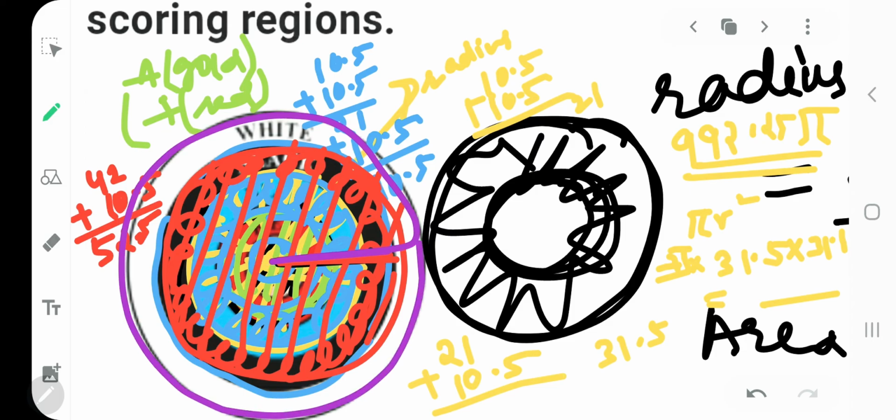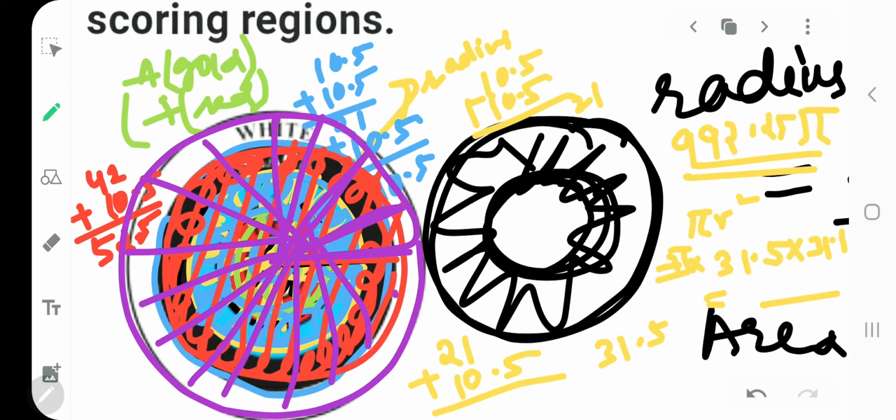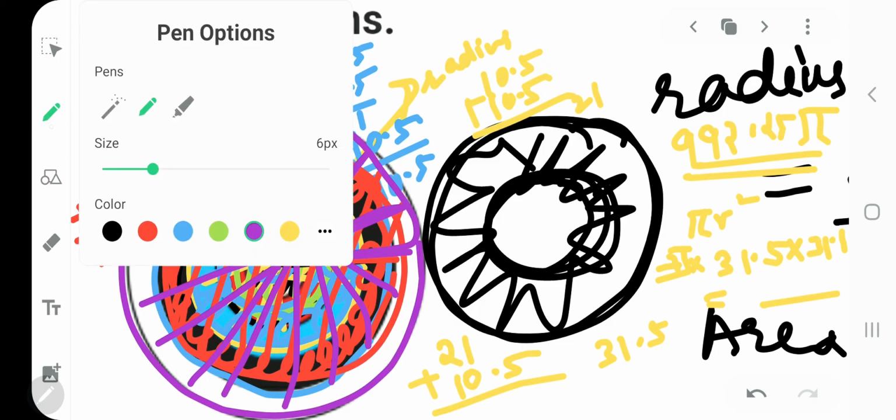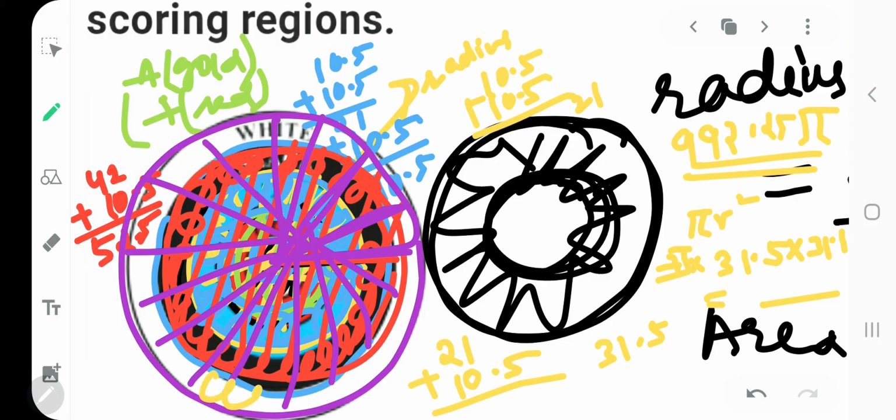Now I'll take the area of the bigger outer circle using 52.5, and I'll get the area of the entire big circle. But out of that I have to subtract all the rings, that is black, blue, red, gold, and then only I will get the area of the last biggest ring, that is white, which is outside like this.